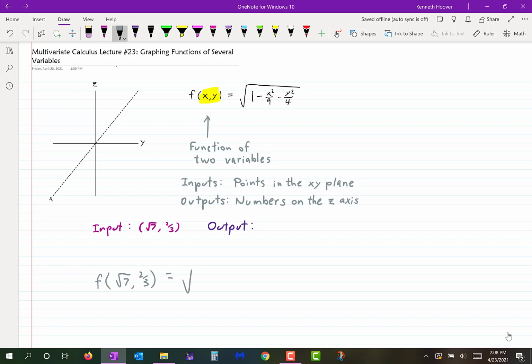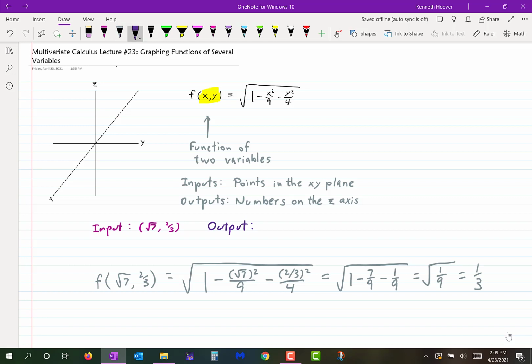That would be the square root of 1 minus square root 7 squared over 9 minus 2/3 squared over 4, which would be the square root of 1 minus 7/9 minus 1/9. So that would be the square root of 1/9, which is 1/3. So our output then would be 1/3. Okay?